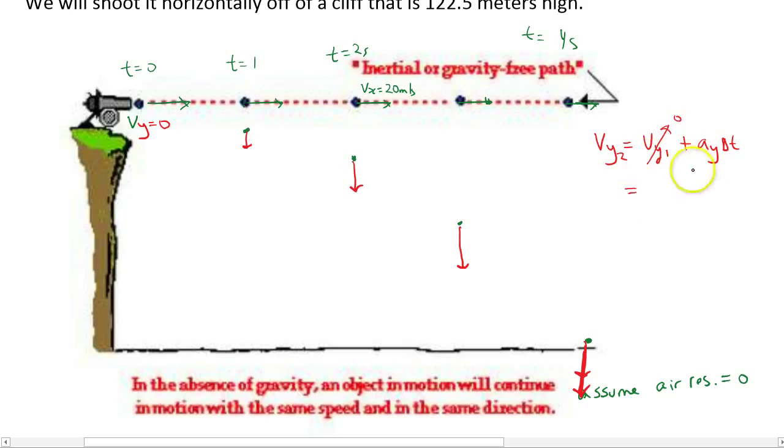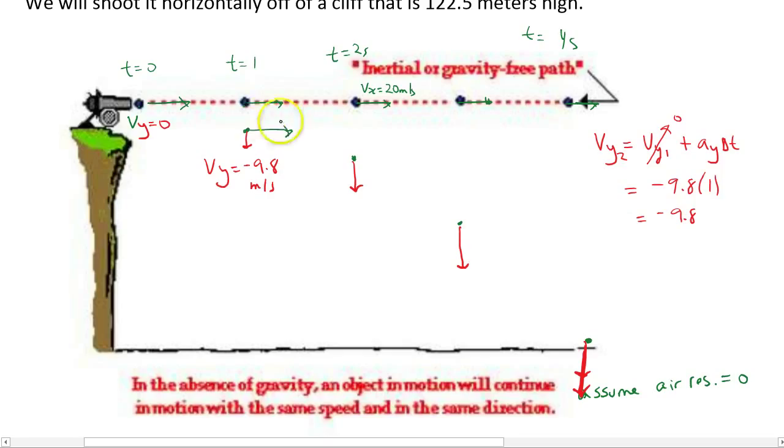It would be going negative 9.8 times 1. So after 1 second, it'll be going negative 9.8 meters per second. So horizontally it's going 20, so I can still put the 20 here.